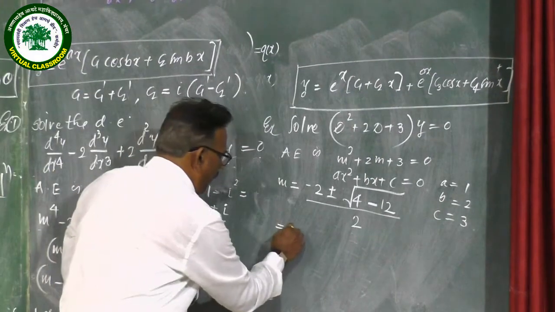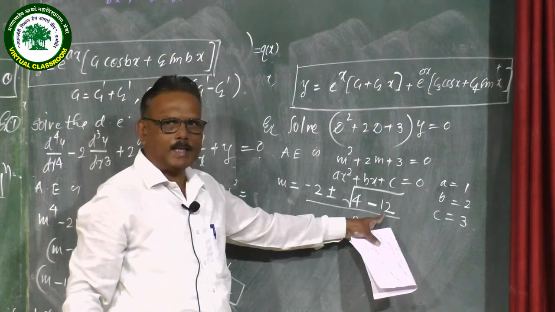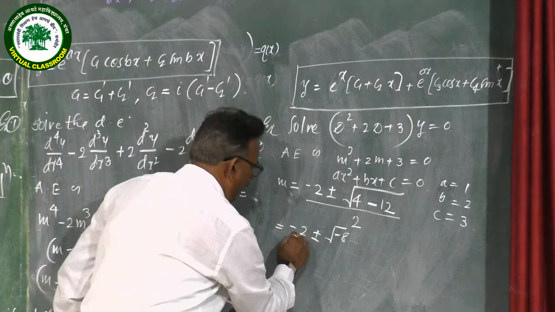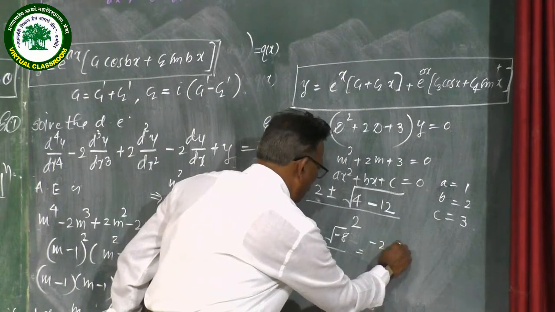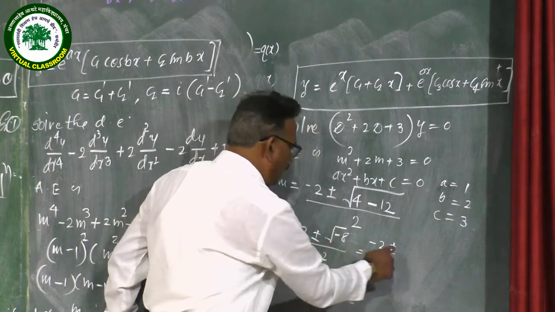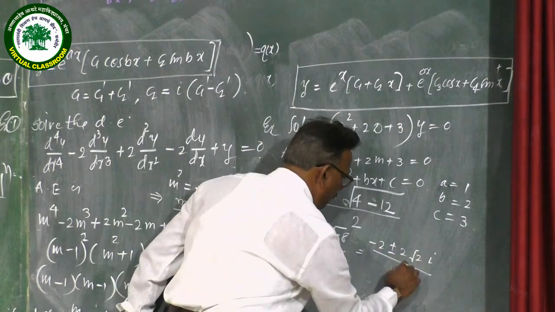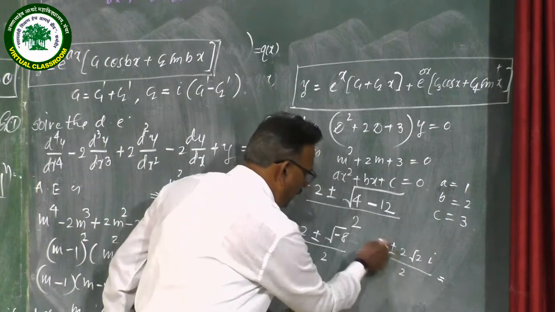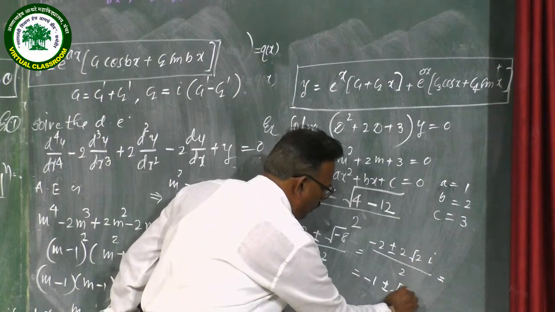It will be −2 ± √(−8), divided by 2, which is a complex number. Therefore, −2 ± 2√2 i divided by 2, and dividing by 2, m = −1 ± √2 i.